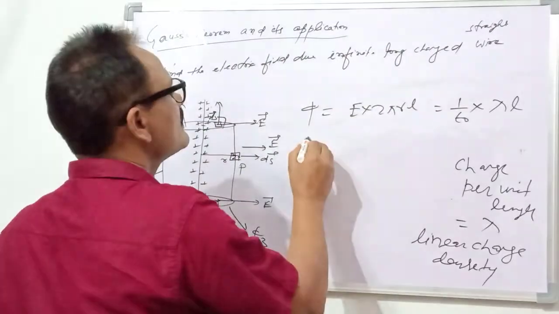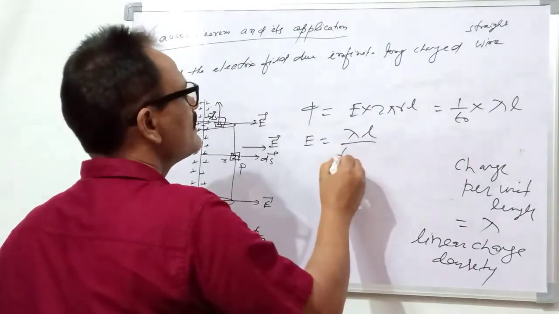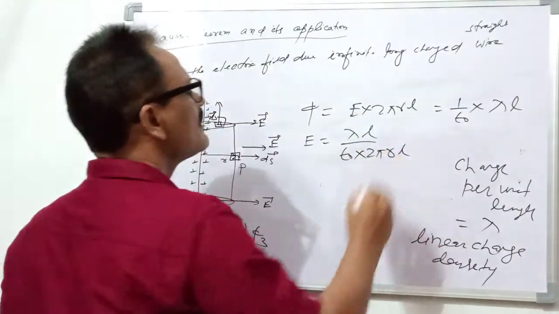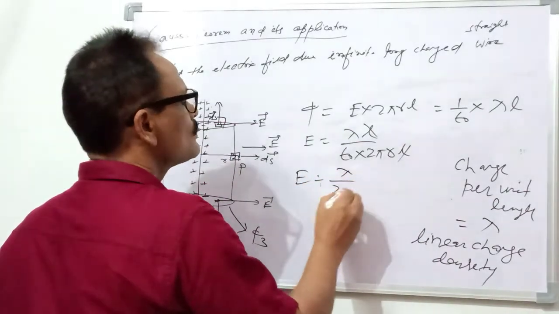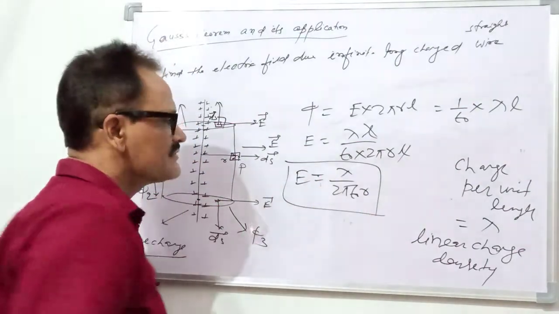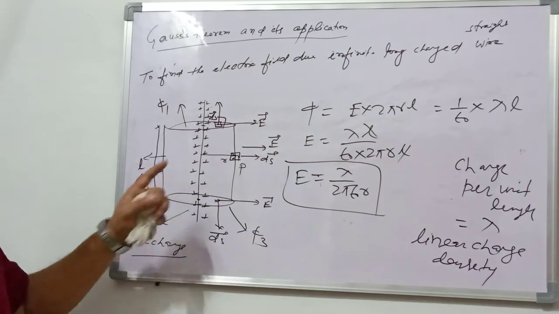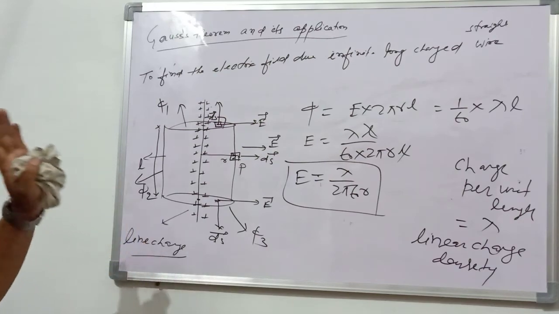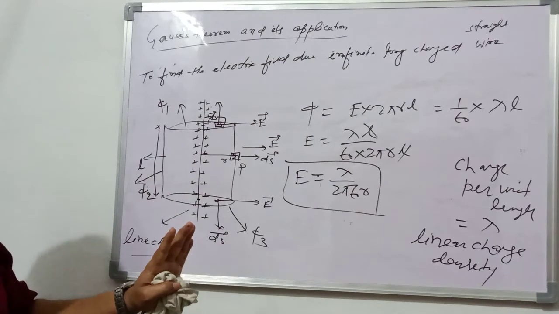Hence we can write here E is equal to lambda L by epsilon naught 2 pi RL, and L and L will cancel out, so E is equal to lambda by 2 pi epsilon naught R. This is the value of the electric field due to a line charge at a point, and this is a very simple way to get the electric field due to this line charge.